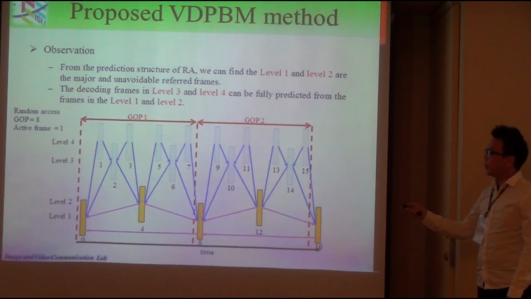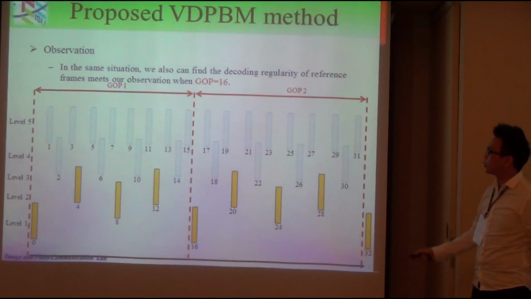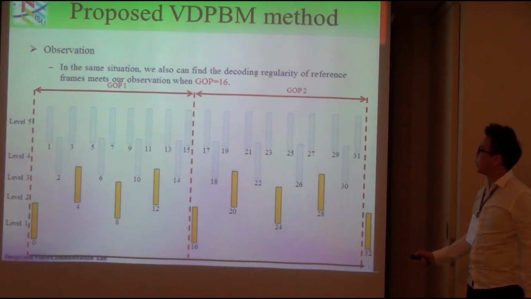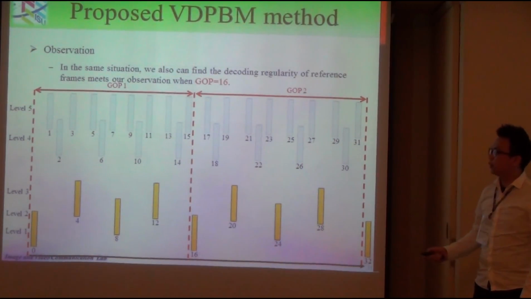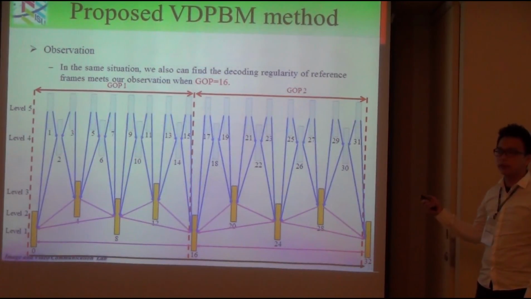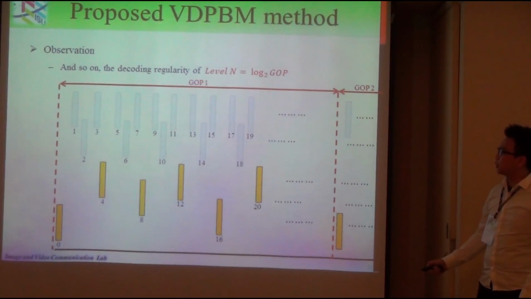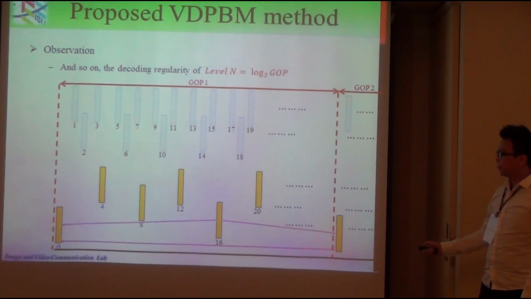The decoding frames in level 3 and level 4 can be fully predicted from the frames in level 1 and level 2. In the same situation, we also can find the decoding regularity of reference frame meets our observation when GOP equals 16, and so on. The decoding regularity of label N equals log2 GOP.